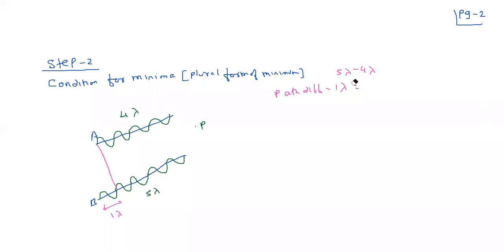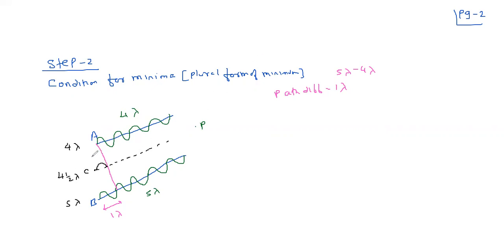Now, let us imagine point C. C is exactly the midpoint of A and B. So from A, it is 4 lambda. From B, it is 5 lambda. From C, it should be 4.5 lambda. So the path difference between A and C is half lambda. Correct? 4.5 lambda.